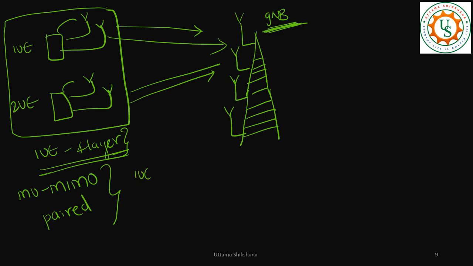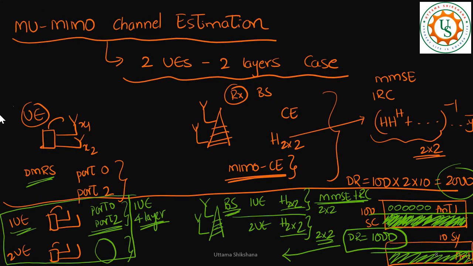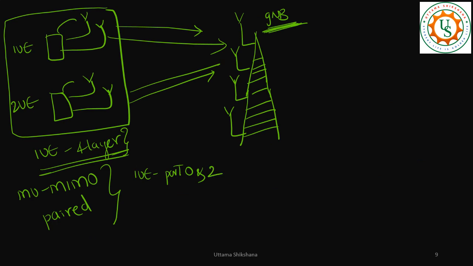Basically, the first UV can go for, let's say, port 0 and, what did I consider earlier, port 2, right? Then the second UV should not use the same ports. We should go for orthogonal ports, so 1 and 3 will suffice as per the 3GPP spec. Okay, we will see this specific allocation in a moment.